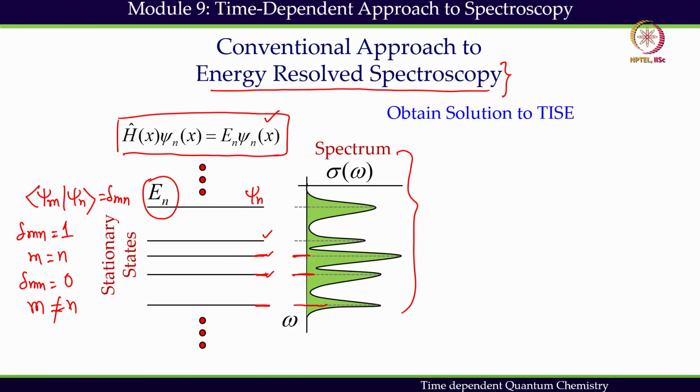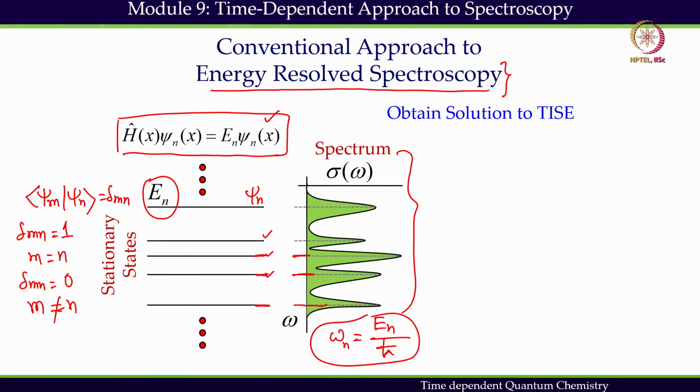Frequency and energies are related by omega equals En by h cut.